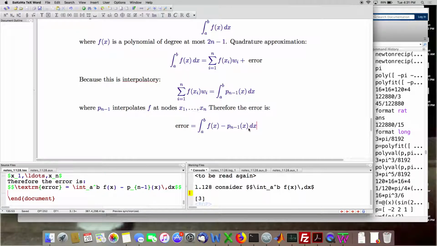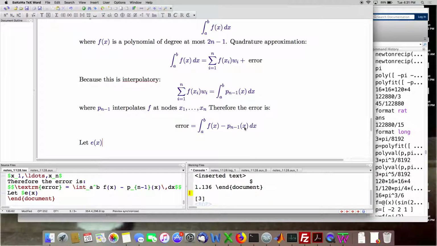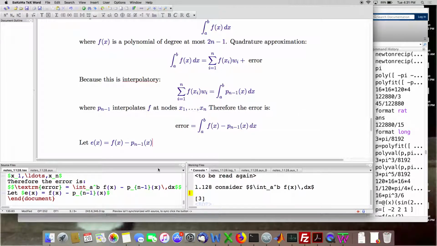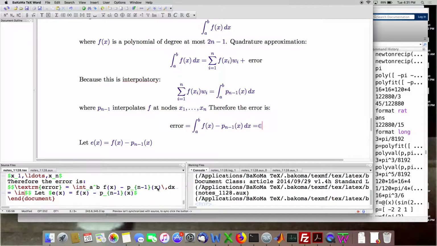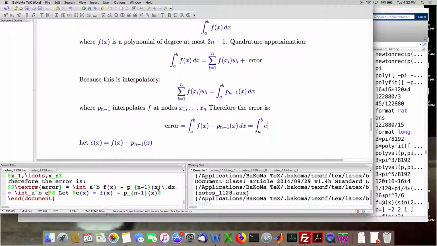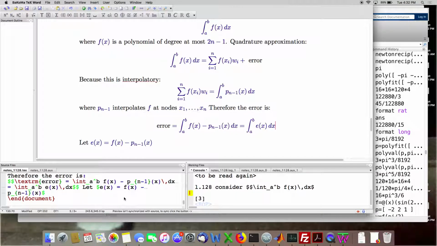Now, I'm going to let en, or en minus 1 of x, no, let's call it e of x, equal the difference. So actually I can go back up here and say that the error is the integral of e of x. Okay, so I'll just do it this way.